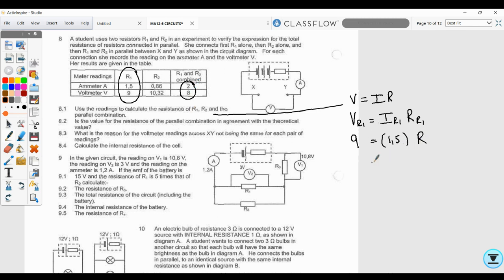Okay, now we need to work it out. What is this one going to be? So R1 is equal to 6, and then R2 is equal to 12 ohms. So if they were in parallel with each other, what should it be?